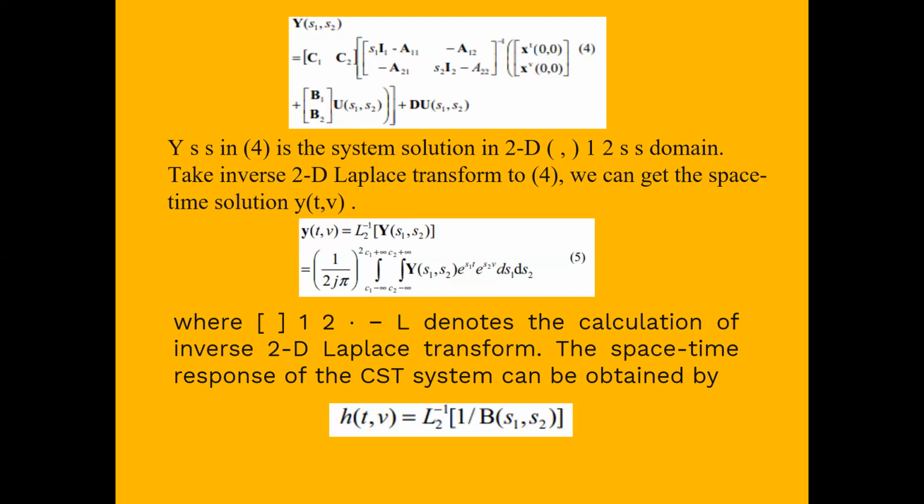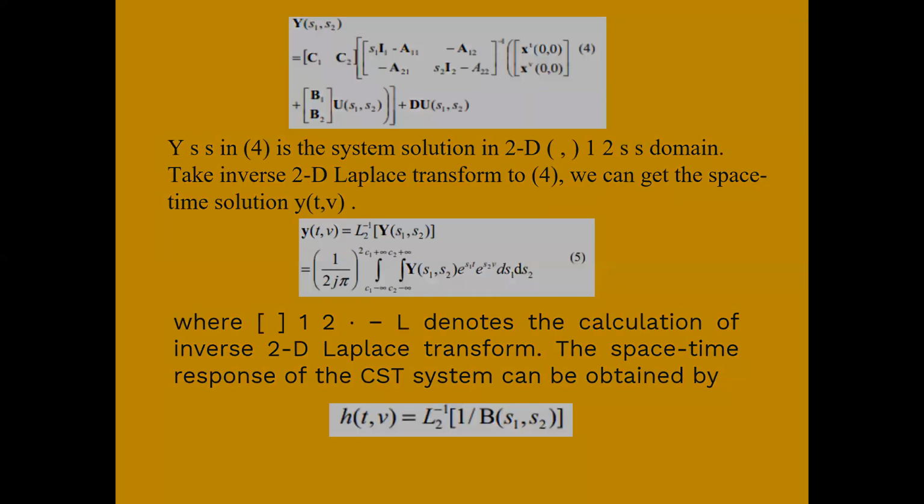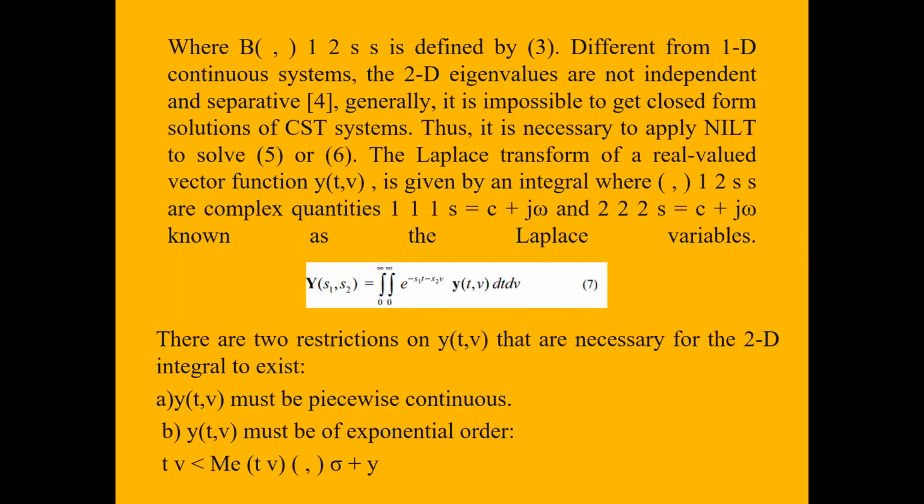The space-time response of the CST system can be obtained by h of t comma v equal to L2 inverse of 1 by d of s1 comma s2, where d is defined by third equation.